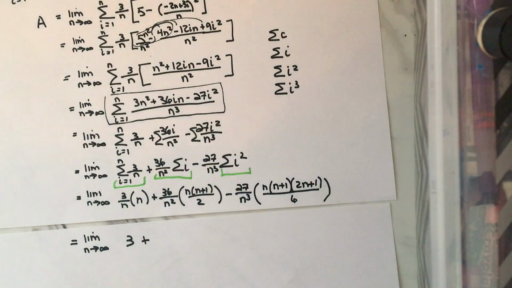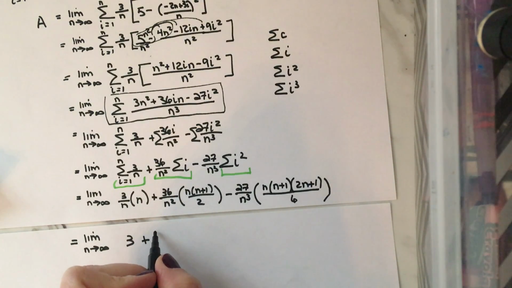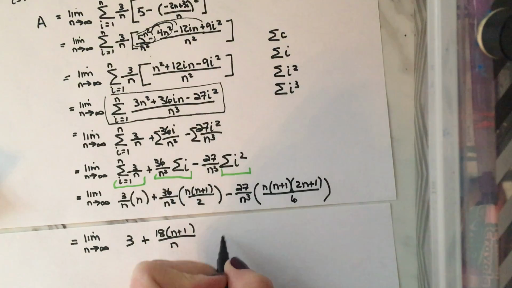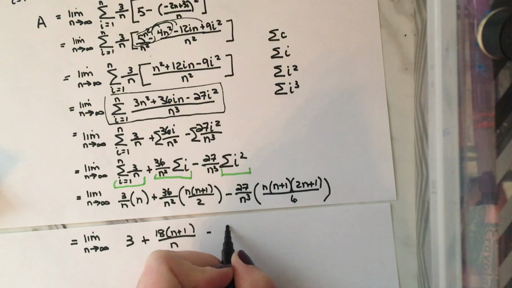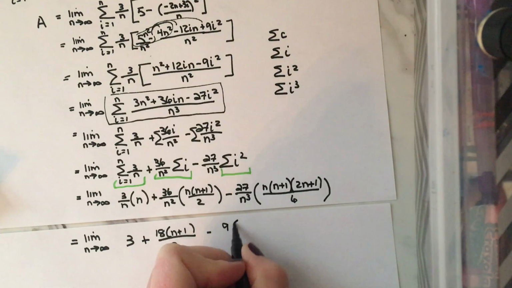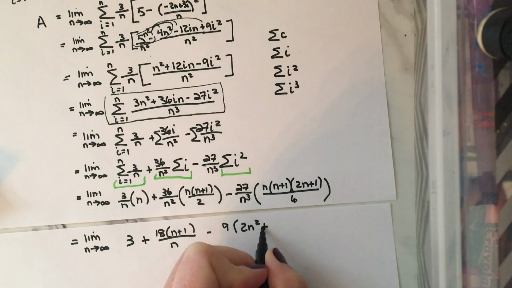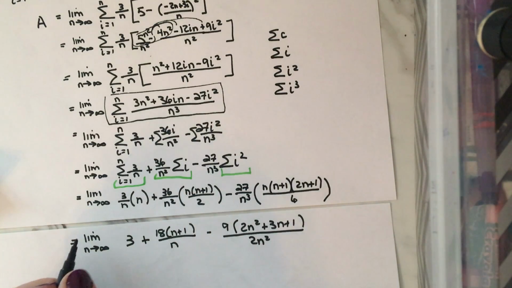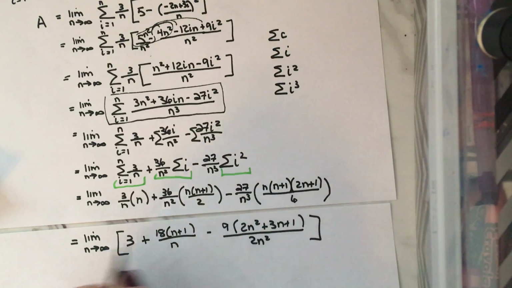If I reduce this one, I'm going to get 18 times n plus 1 over n, minus, reducing this is going to be 9 times 2n squared plus 3n plus 1 over 2n squared. And I still can't plug in because I'm going to get our indeterminate form of infinity over infinity, so we keep going.